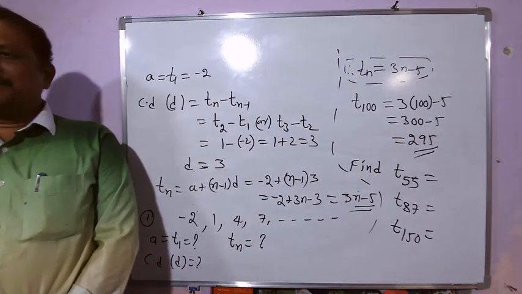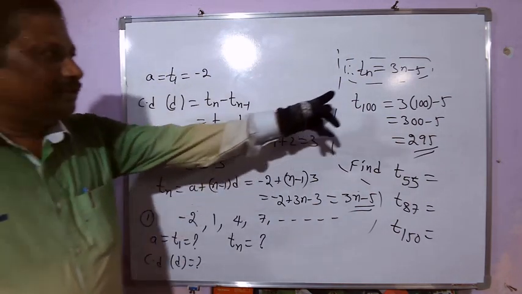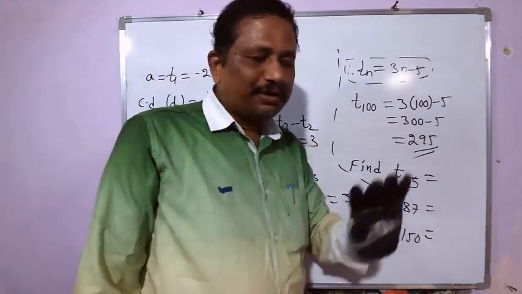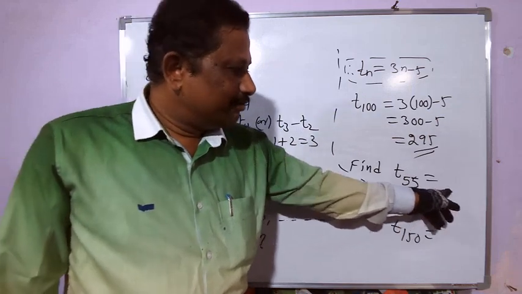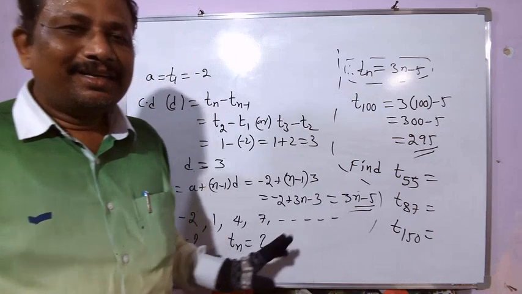This you have to find. Okay, do it, very simple, no? In the nth term formula, wherever we have n, there you have to substitute this n value. Then you will get these 3 values.